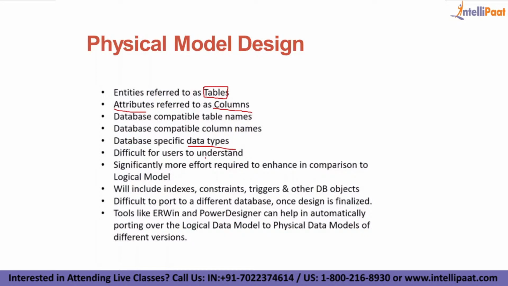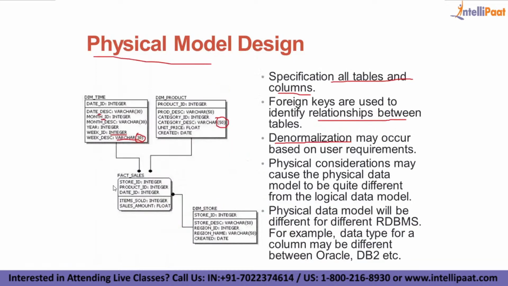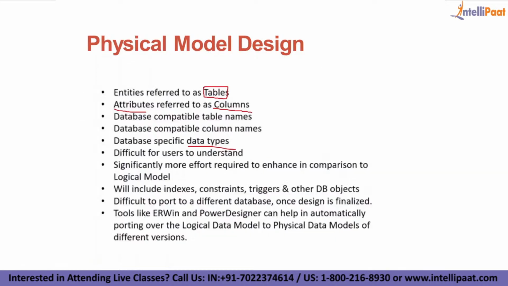So it is difficult for the user to understand. Those who do not have any technical knowledge will find it somewhat difficult to understand. But if they see it, they can understand what these column names are, so overall they can understand, but at the detail level they cannot. Again, we can create the index, constraints, triggers, all the DB objects with this physical data model.